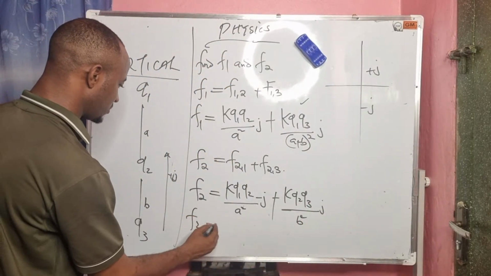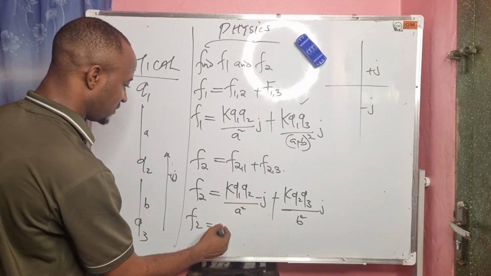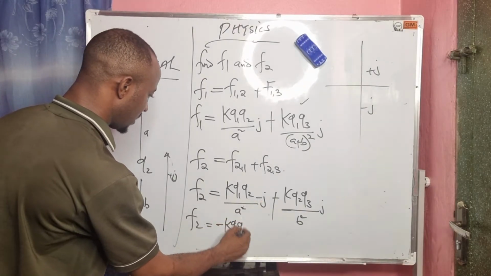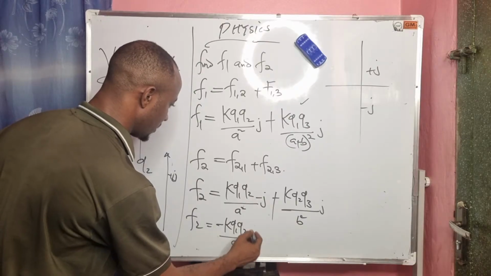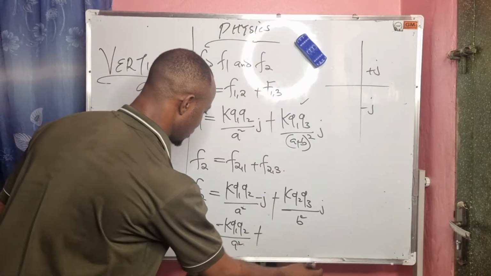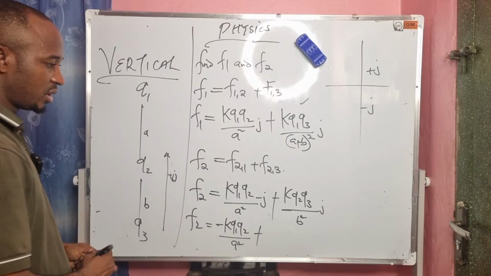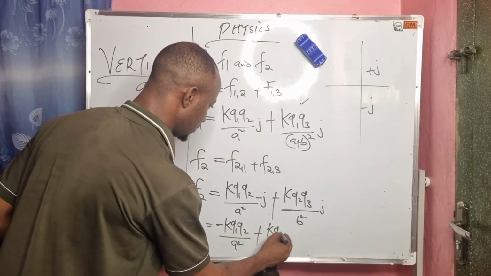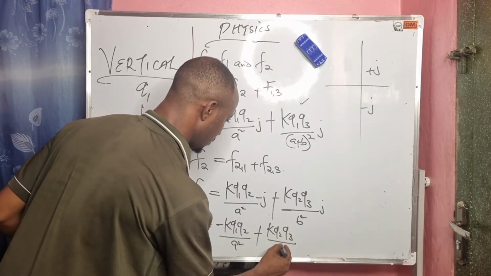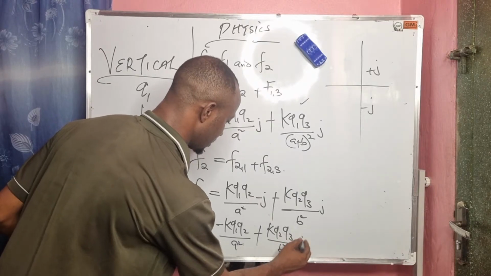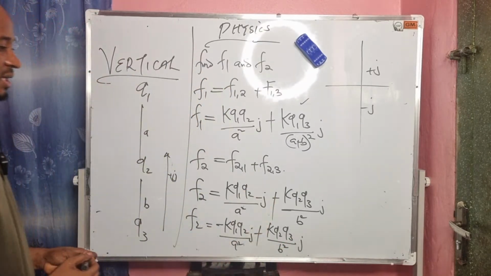My F2 becomes, minus times plus gives minus, K Q1 Q2 over A squared, plus K Q2 Q3 over B squared, J. Is that clear?